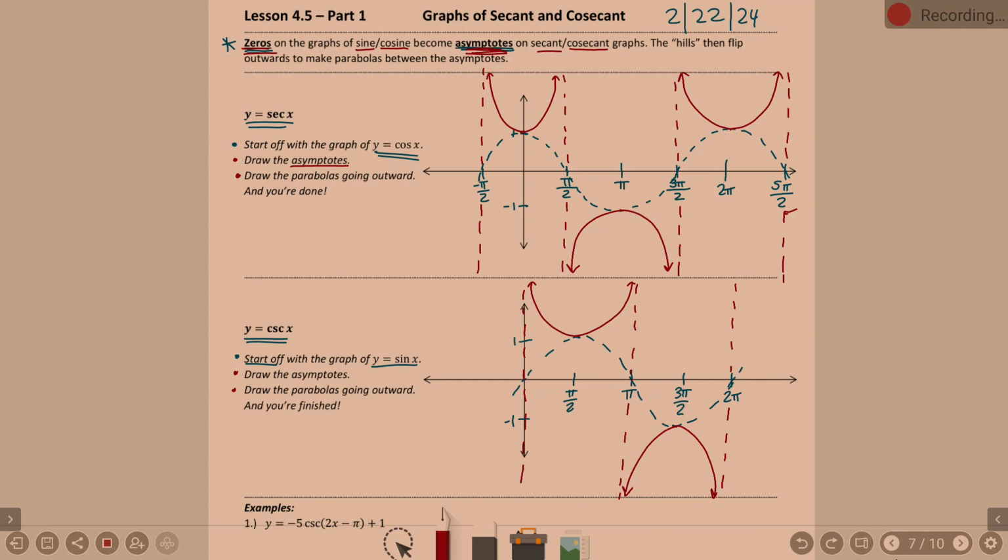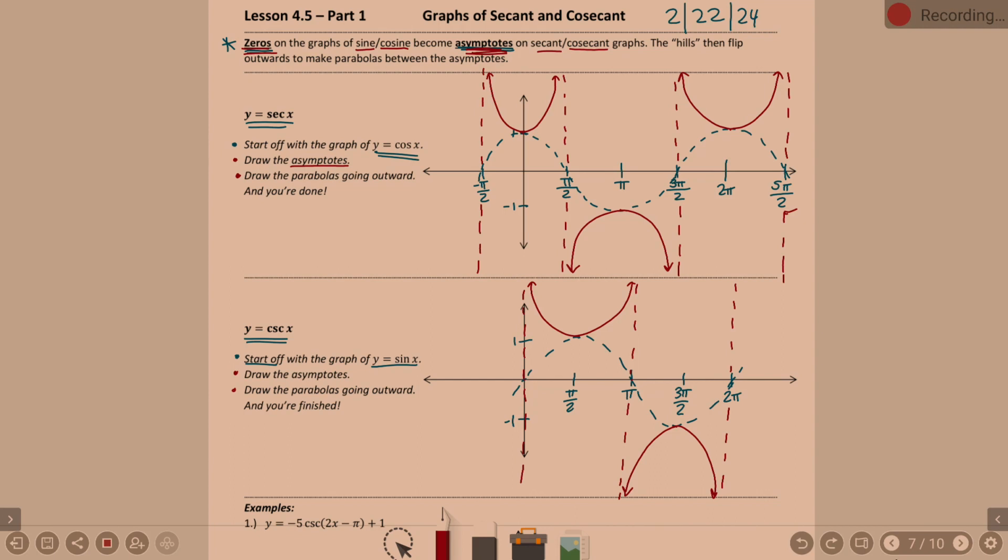Now, again, the calculators don't really help you much here, do they? And I don't know, maybe you guys found a way. I was just going to demonstrate real quick. If I graph cosecant, first of all, cosecant is the reciprocal of sine.